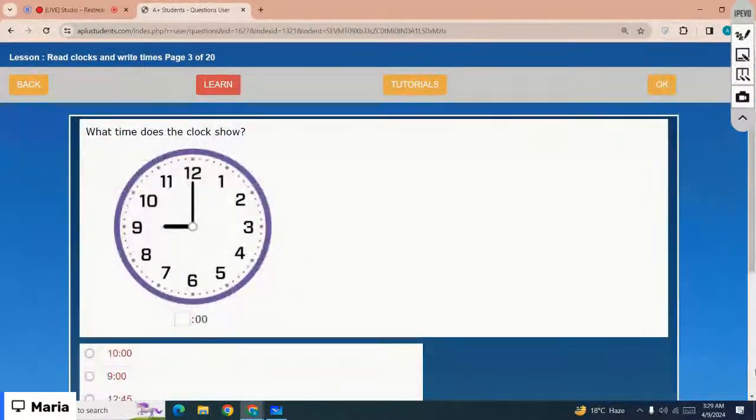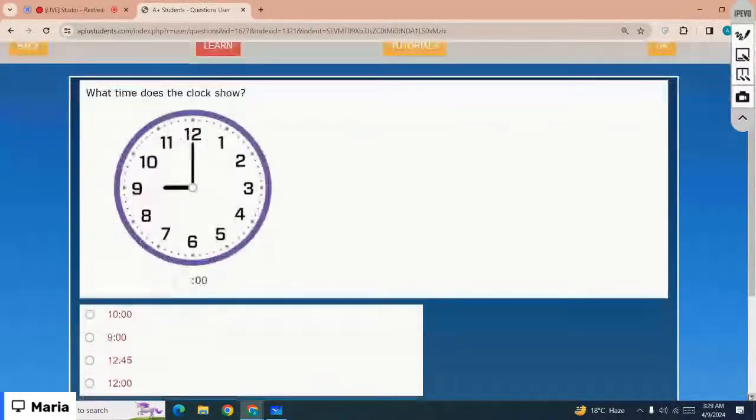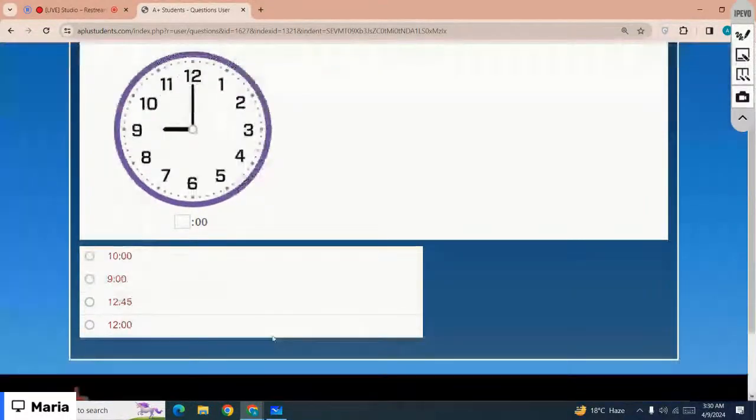What time does the clock show? Which is the correct option? Yes, the correct option is 9 o'clock.